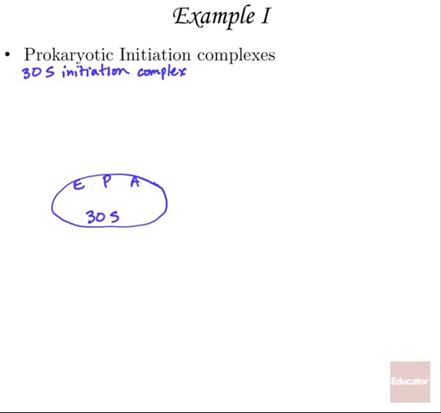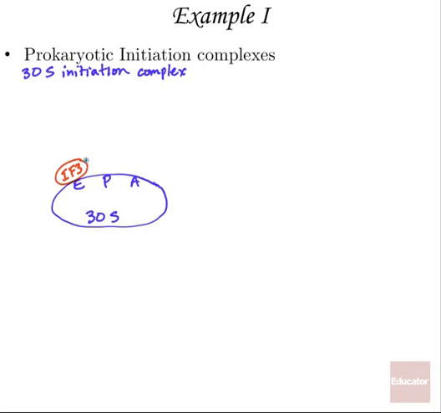Okay, we are going to have our IF3. Our IF3 protein binding the E site, and that makes sure that the 50S subunit cannot associate with the 30S.